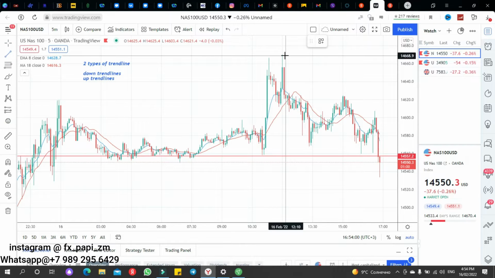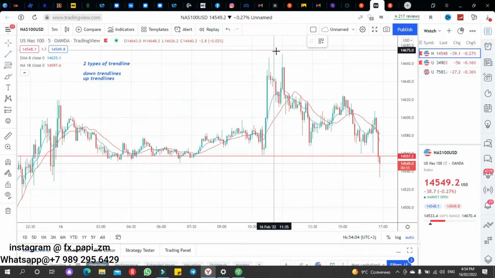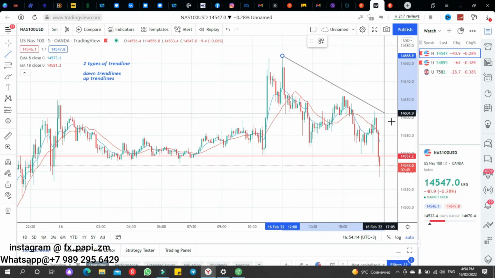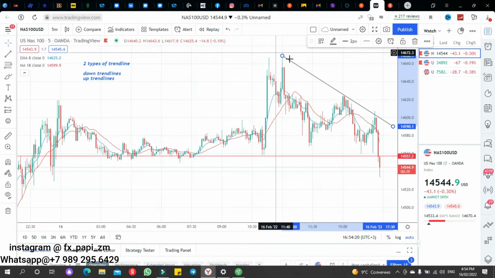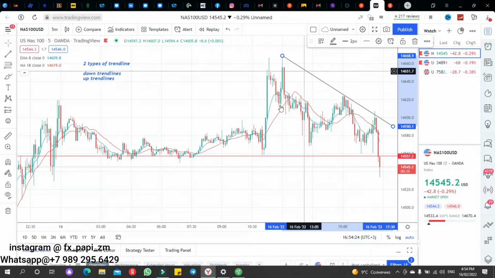Why? Because the market is in a bearish trend. And guys, always, the trend line is supposed to touch wicks. Here it is, as you can see. So as you can see, guys, this is a downtrend line or the bearish trend line.